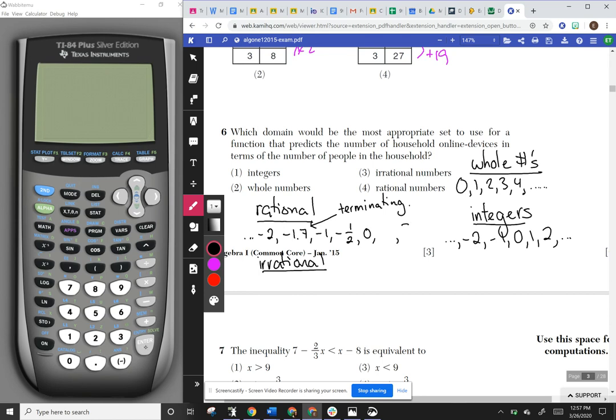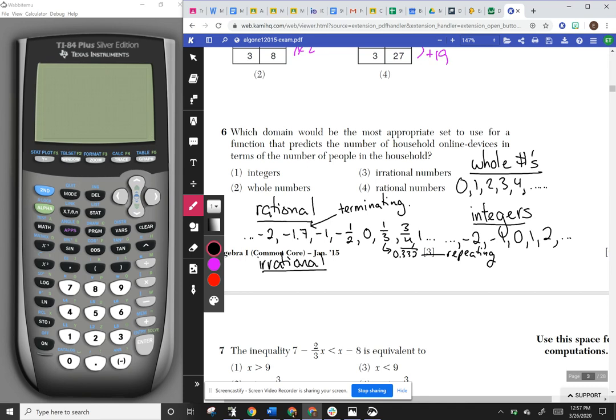So yes, 3.4 and 1 counts, absolutely. But what if we had 1/3, right? The decimal for 1/3 would be 0.33. It would go on forever. We call this a repeating decimal. So every decimal in the rational numbers is either terminating or it's repeating.